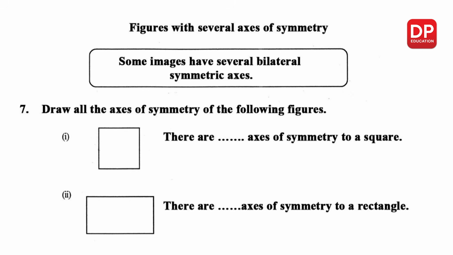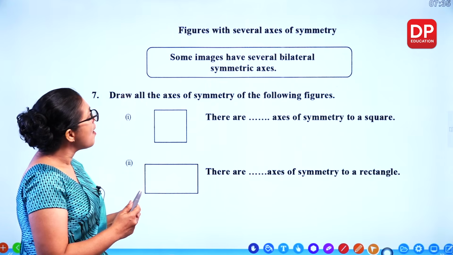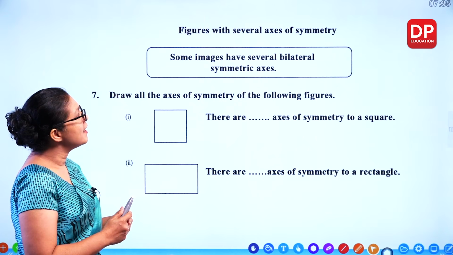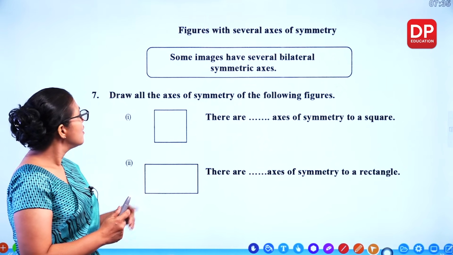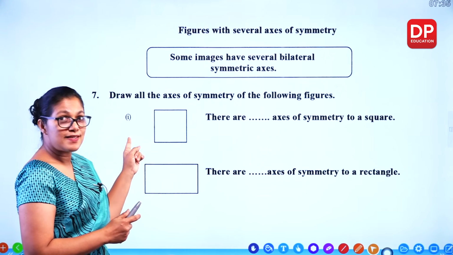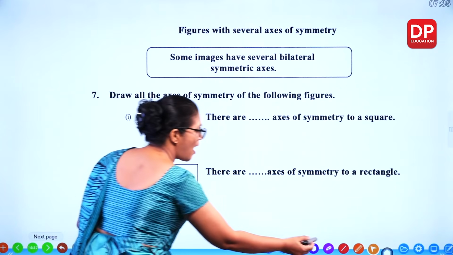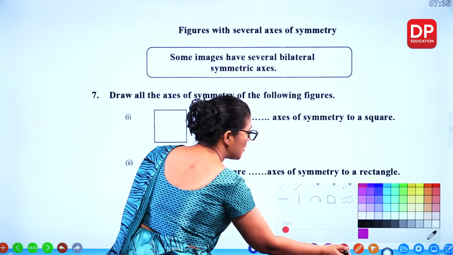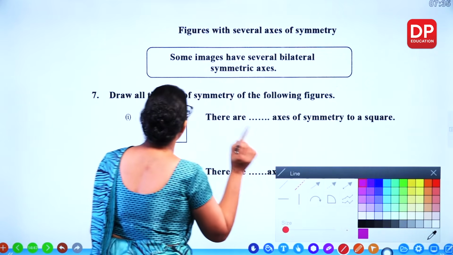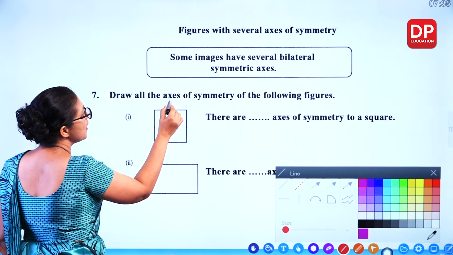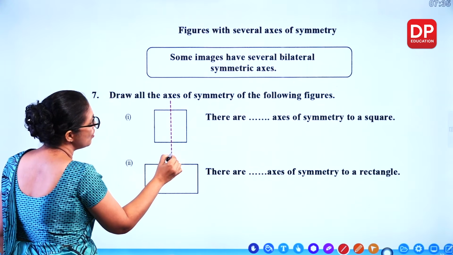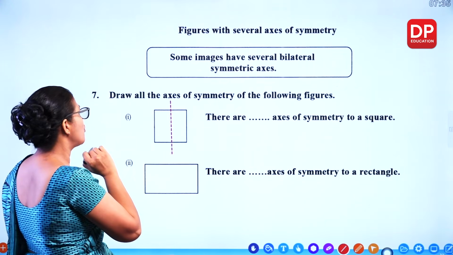Now we'll look at figures with several axes of symmetry. Some images have several bilateral symmetric axes. So look at this diagram. This is a square. So we'll see how many lines of symmetry are there. We can divide this into these two parts.